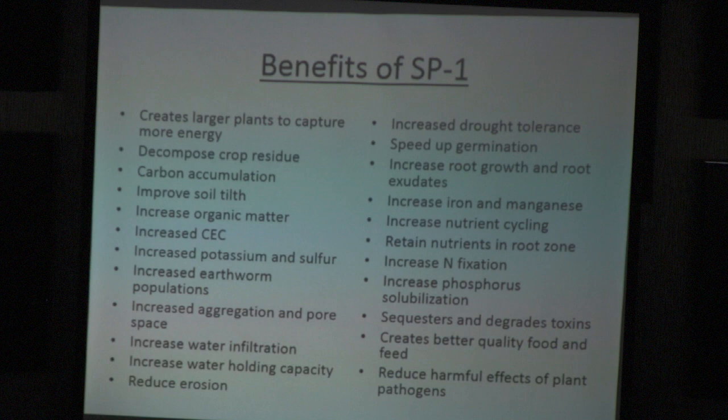It also increases your drought tolerance. It sequesters and degrades toxins that you may have in your soils, creates better quality food and feed, and reduces harmful effects of plant pathogens. And it increases your water holding capacity and filtering as well. So lots of good stuff with this.